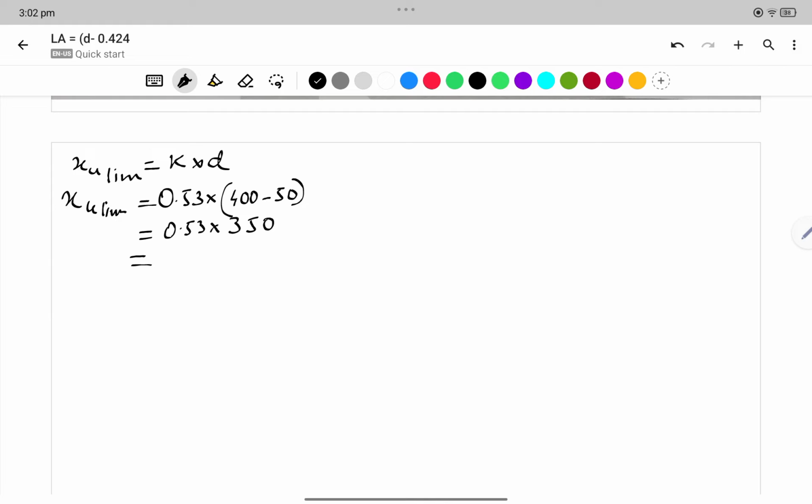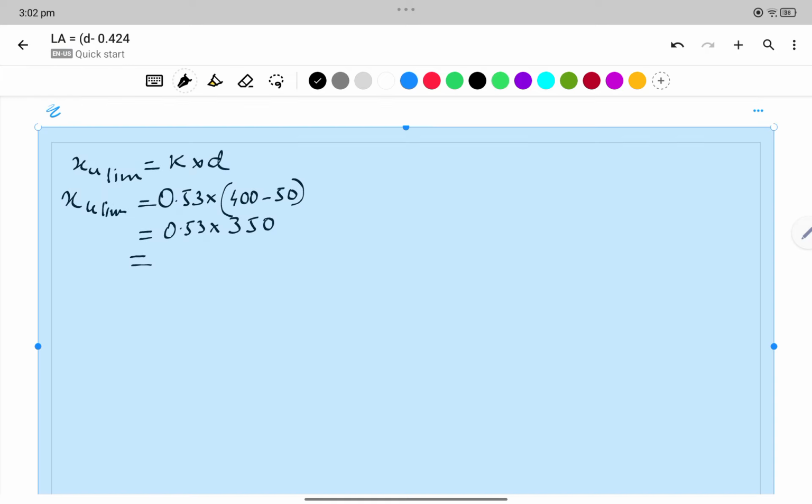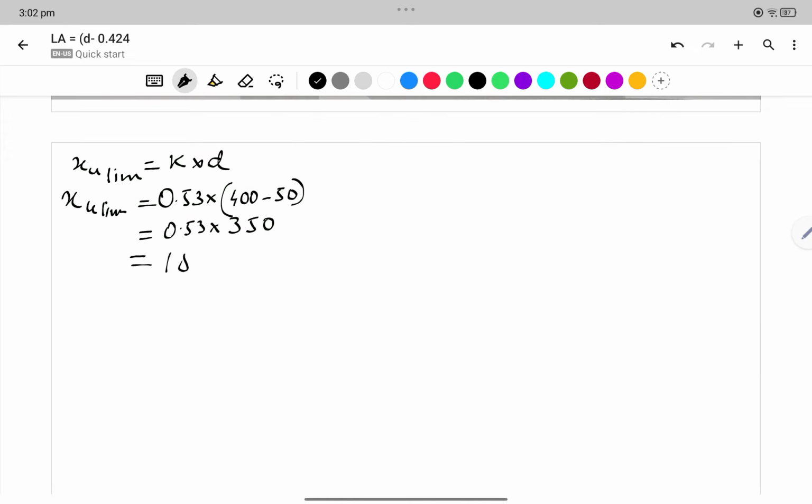We'll not waste time in calculation, you just calculate it on your own. So XU limiting is coming as 185.5 mm.